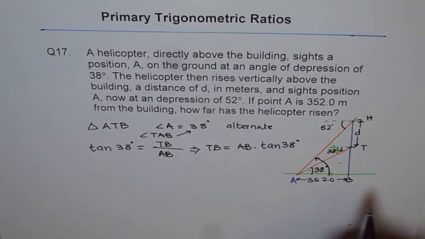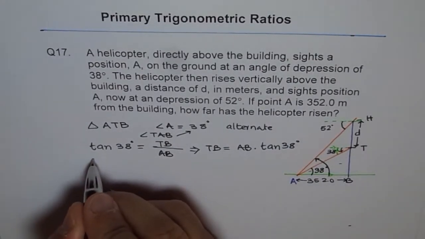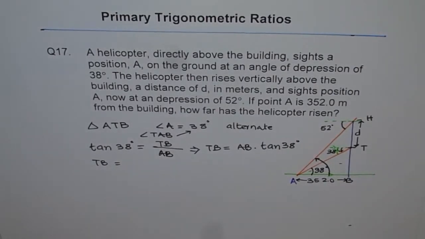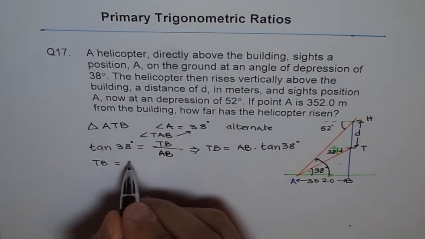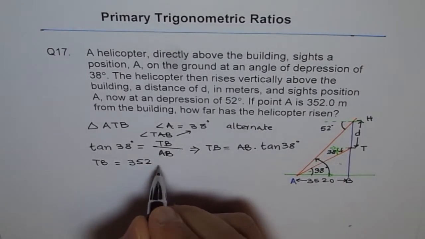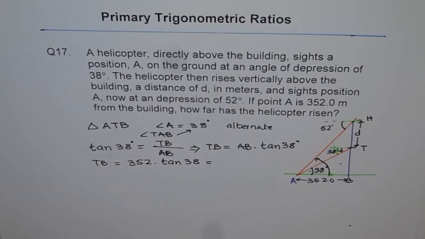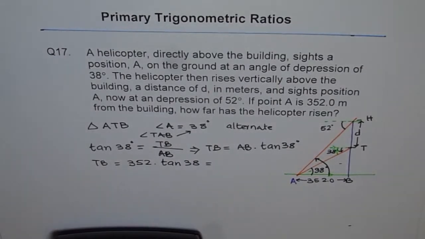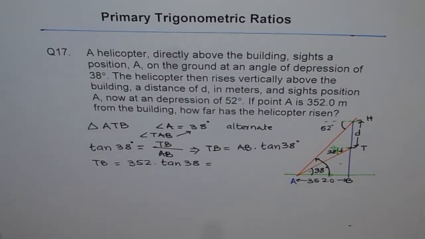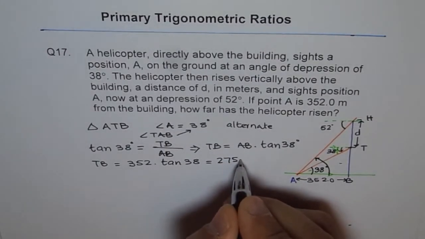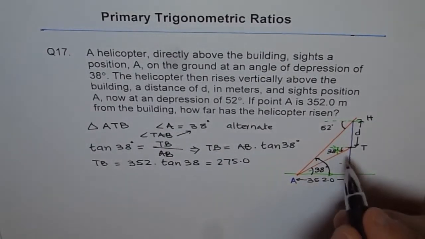TB is the initial height of the helicopter: 352 times tan 38, which is equal to 275.0. So we know TB now.